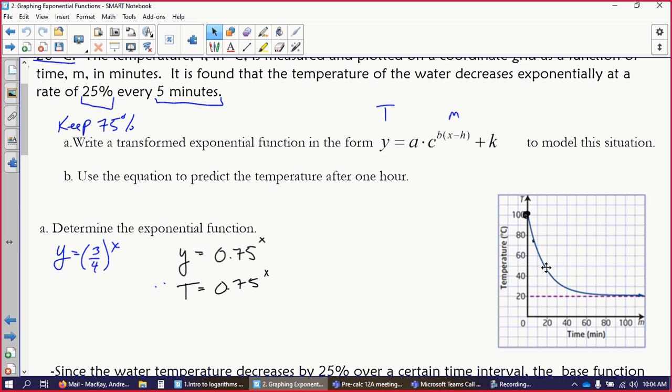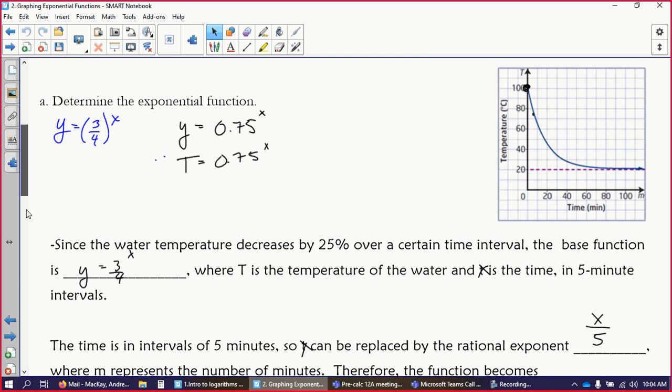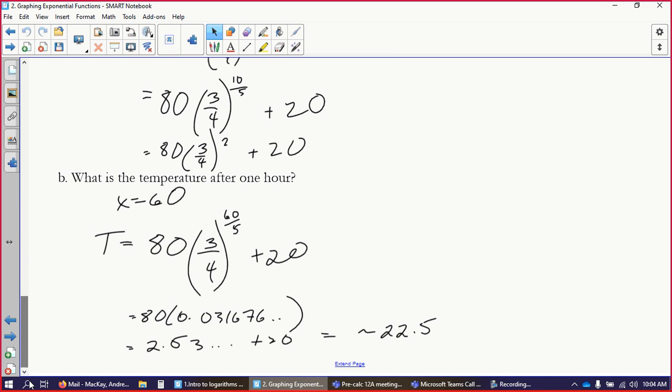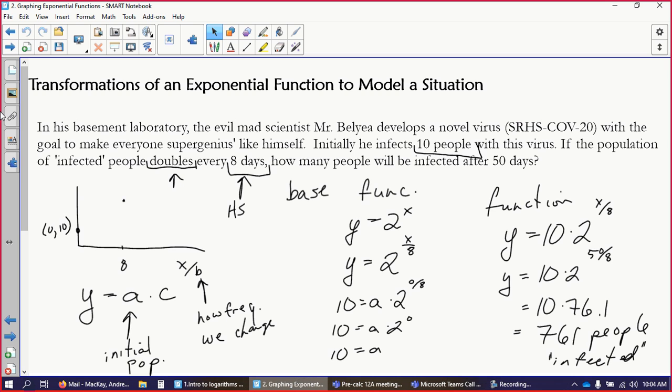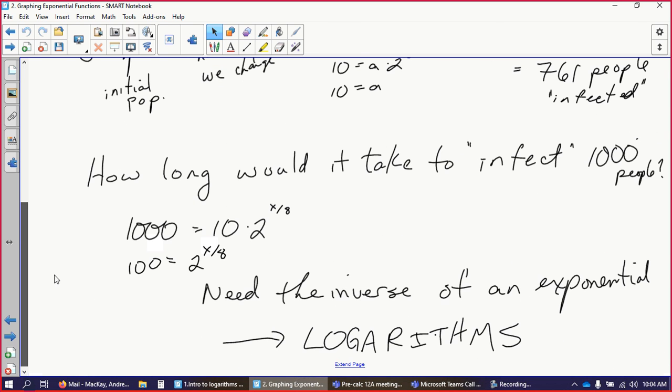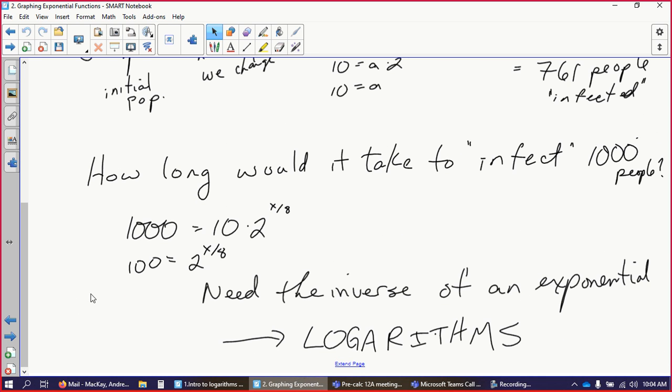Well, you can estimate it on the graph, but because your variable is in an exponent, this gets a little tricky. We talked about it more with Mr. Bellier's genius virus. To get 1,000 people infected, well, that's our y value, and we divide by 10, we have 2 to the power of x over 8.